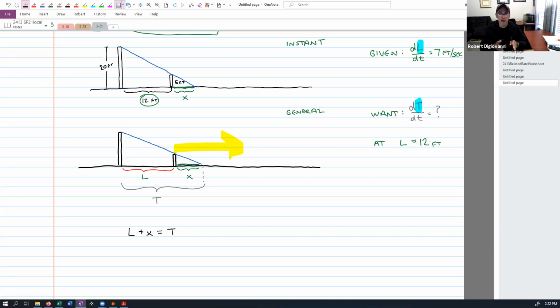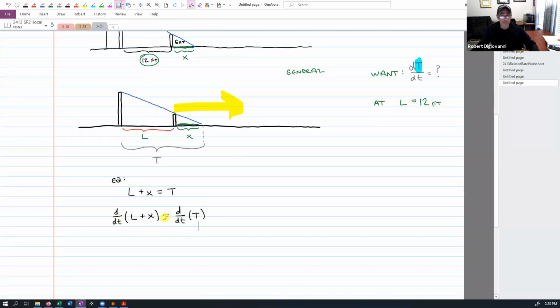So you might think this is going to work. Let's see why it's not. Let's just do the work. Right now, this is our equation. We think, okay, this is going to work. Let's take the derivative with respect to time on the left and the derivative with respect to time on the right. What would the derivative on the left be? Well, just do them individually, right?